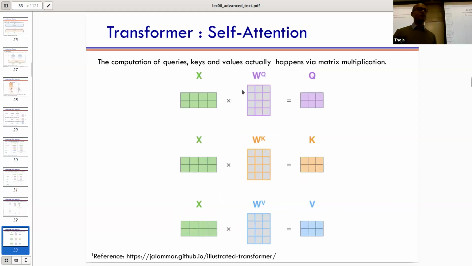Okay, so here is the same thing, except now in a vectorized, or matricized, version. If we had two words, then these are the parameters, as I said, WQ, WK, and WV, to get the query matrix, key matrix, and value matrix. It's just a vectorized version of what we just discussed.